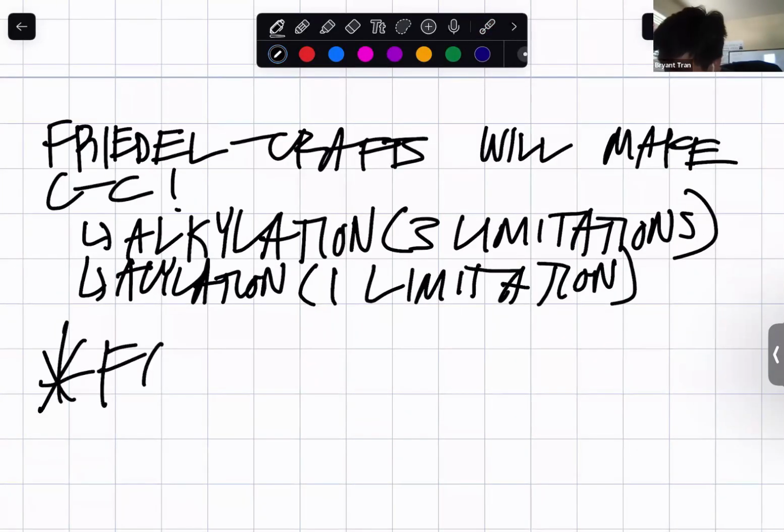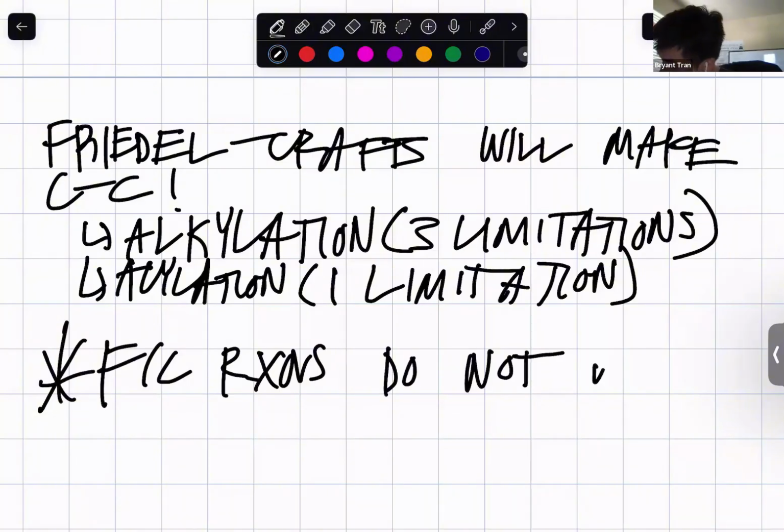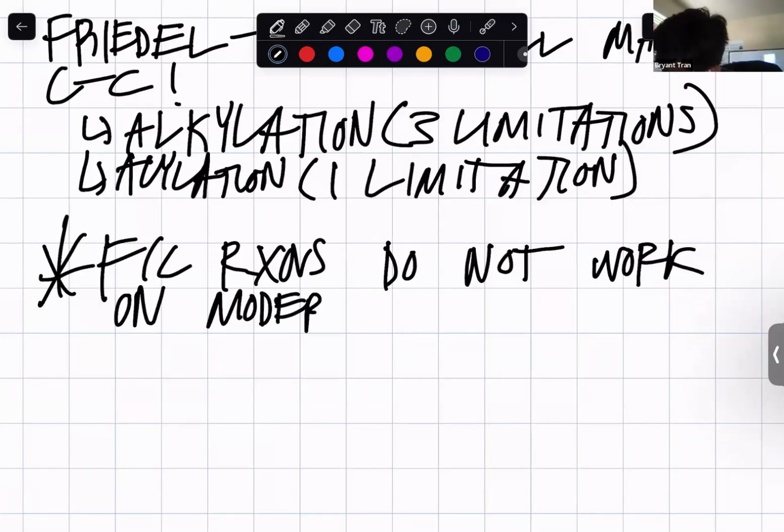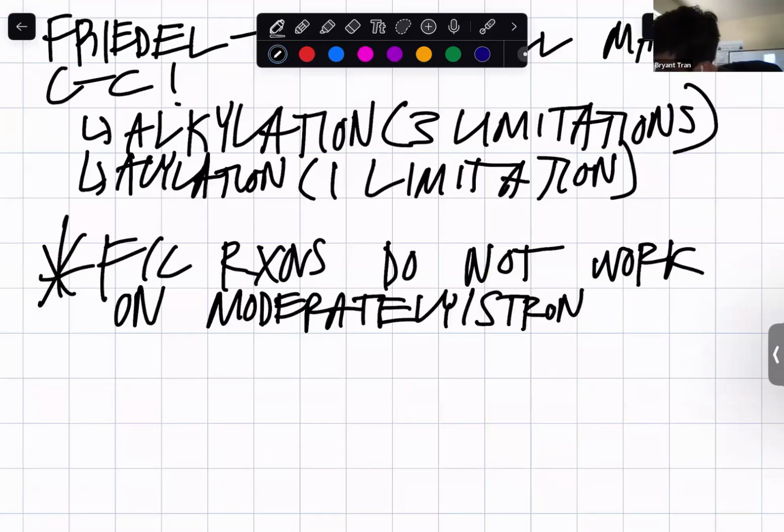Which is going to be that Friedel-Crafts reactions do not work on moderately to strongly deactivated rings. And we'll talk about what that means.